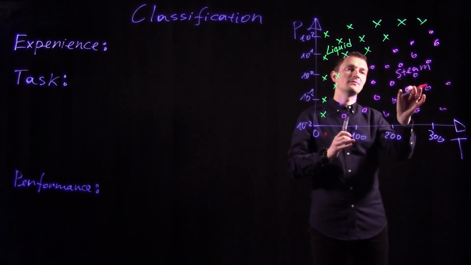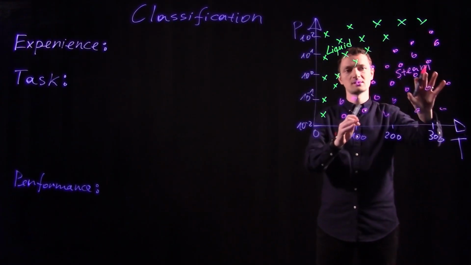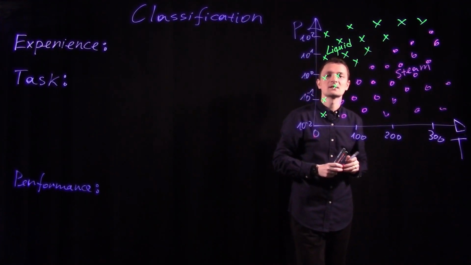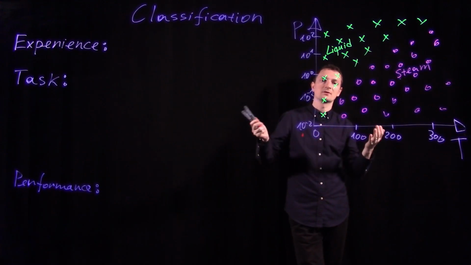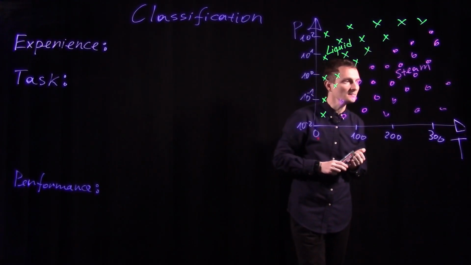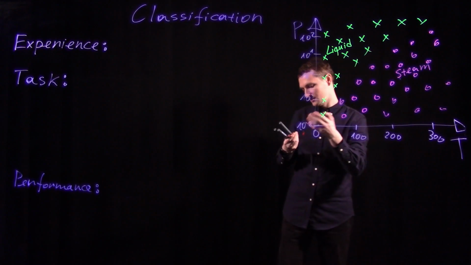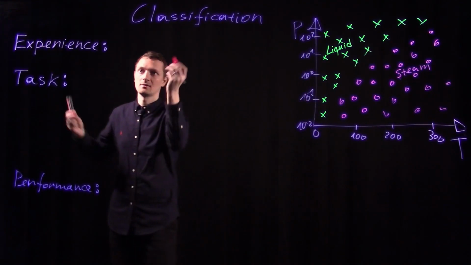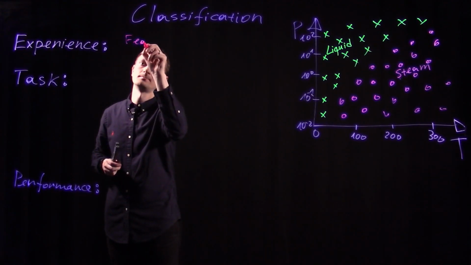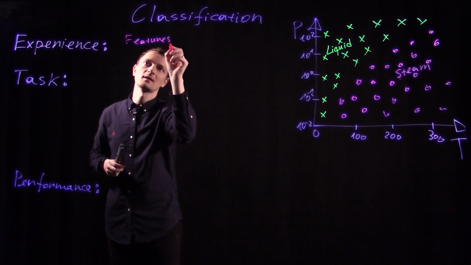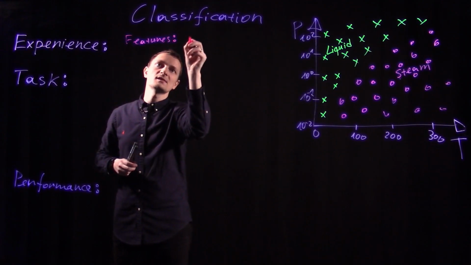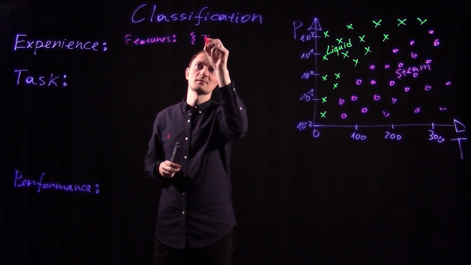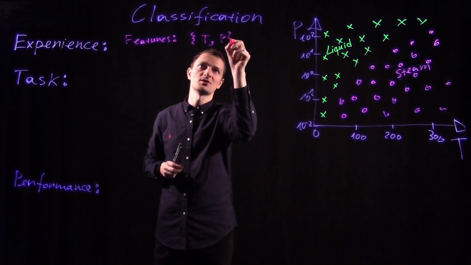For example, if we have steam in this corner and we have liquid in another corner, and in this problem, because we are talking about classification, we can say regarding our experience that we also have features. And in this case, we have a pair of features. That means we have temperature as well as pressure.